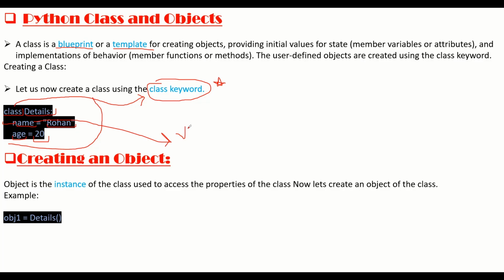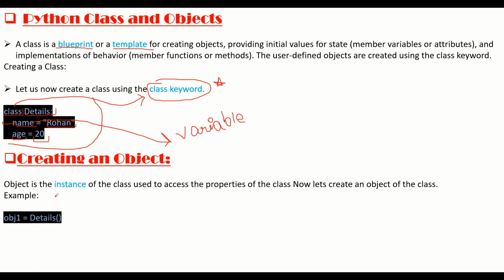So this name is a variable, and in this way we can create variables and assign their values inside the class block. Okay guys, in this way we can create a class.